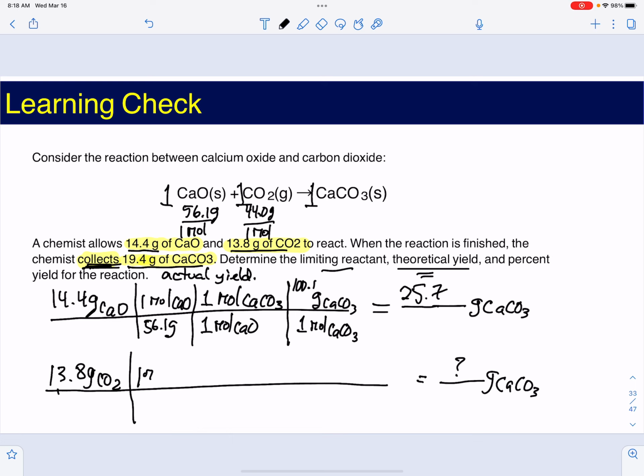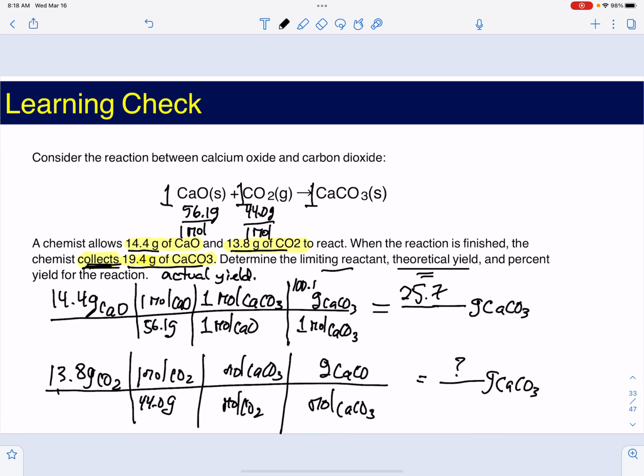So we want the moles of carbon dioxide, which is 44.0 grams per mole. But we do not want the moles of carbon dioxide because we're looking for the moles of calcium carbonate. But we do not want the moles of calcium carbonate because we actually want the grams of calcium carbonate. So according to the reaction, it is 1 to 1 for the mole ratio, and 1 mole of calcium carbonate is the same as 100.1 grams.